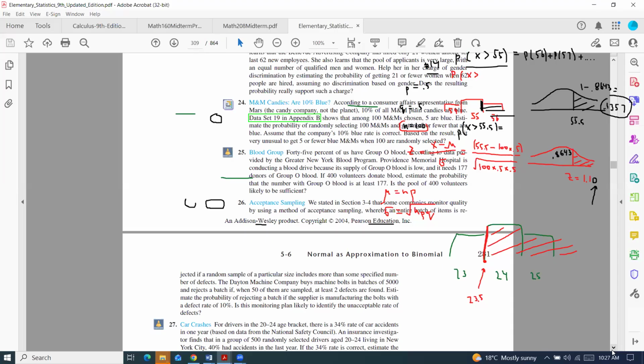There are batches and defectives, and it says at least 2 defects found. So maybe that's the one I can do both ways. Exercise 26 is what I'm looking at right now. Acceptance sampling. The procedure of acceptance sampling was already done before.